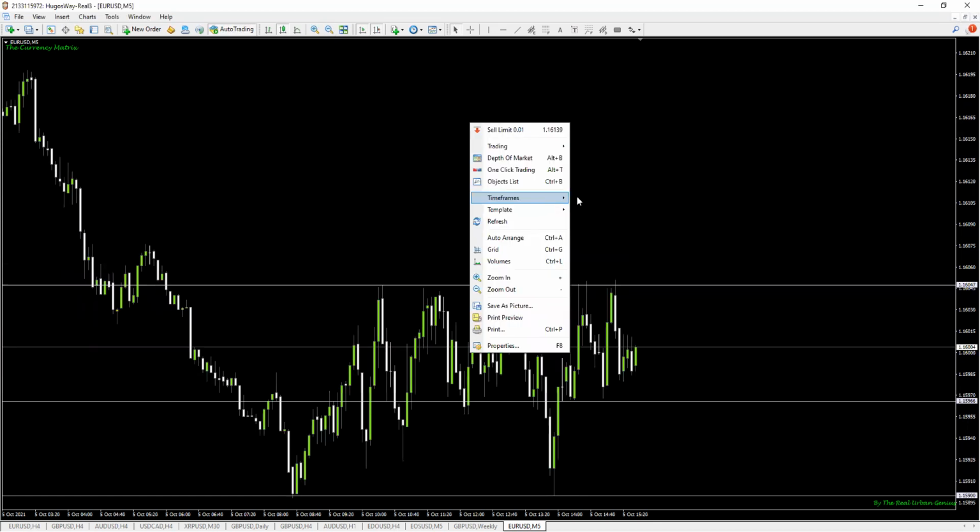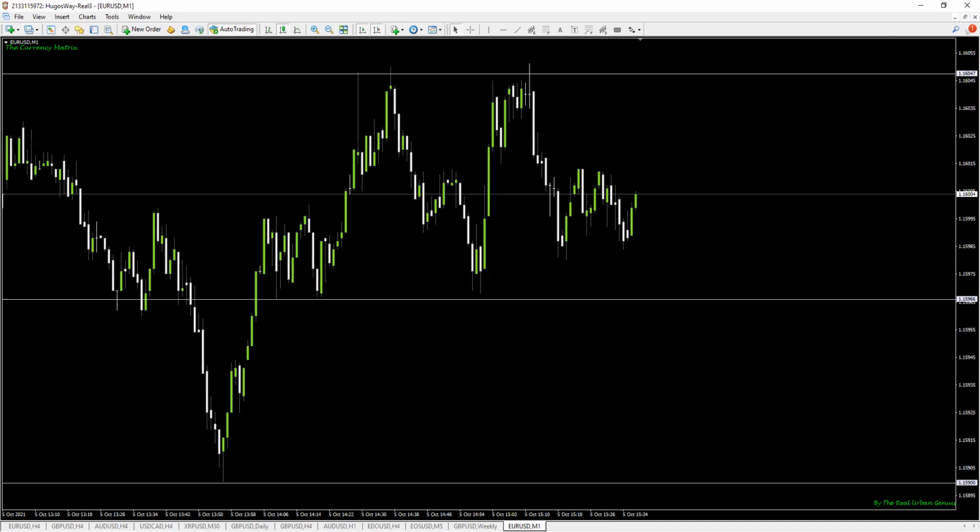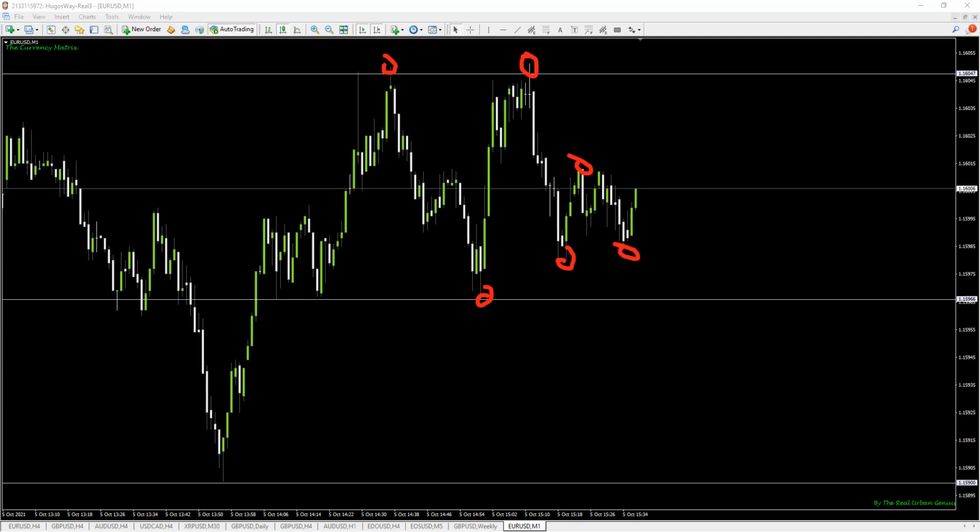Coming in, looking at the 1 minute. Of course, 0, 0, 0, 0, 0, 0. So labeling, identifying those points.